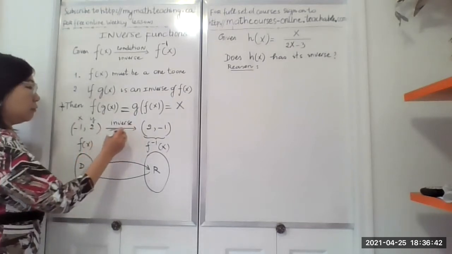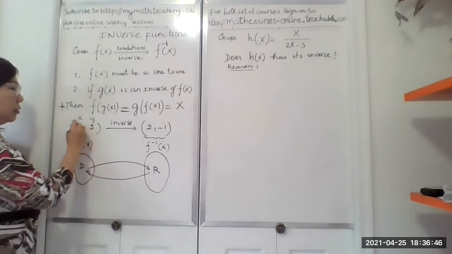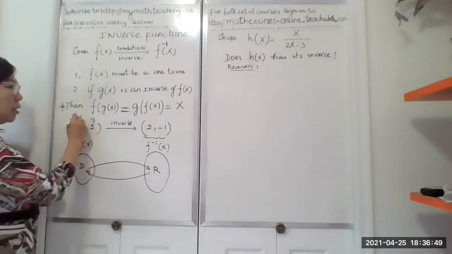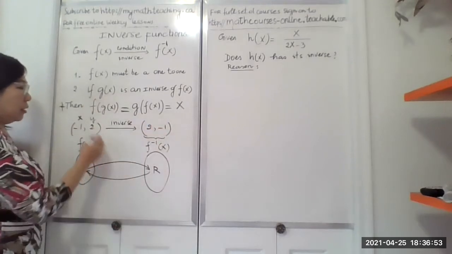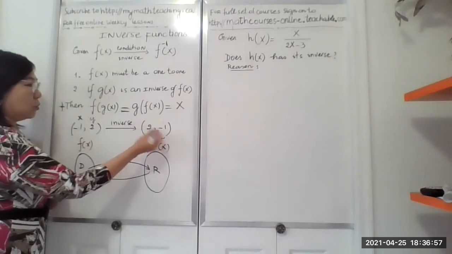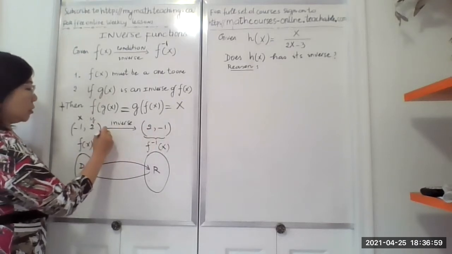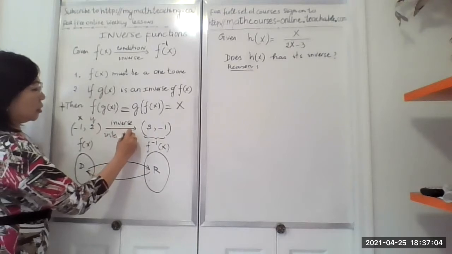If we want to take the inverse of this coordinate, then the x of this coordinate will become the y of the new coordinate, and the y of this coordinate will become the x of the new coordinate. In other words, they interchange each other.